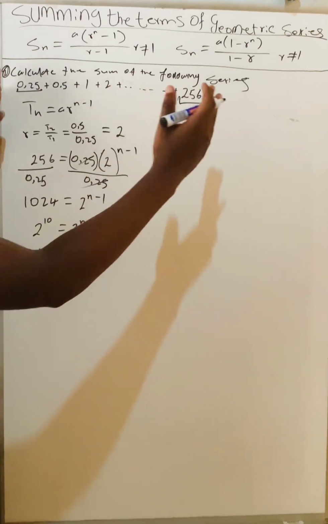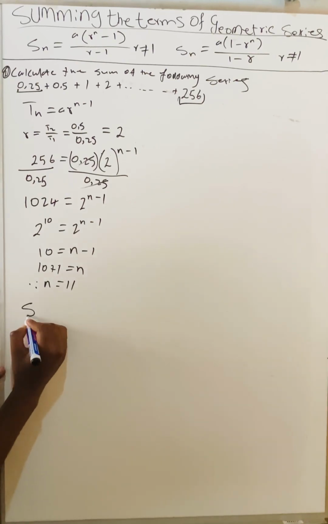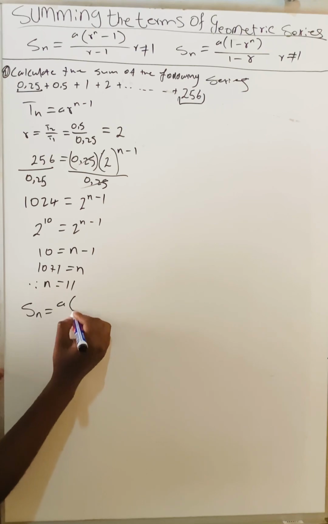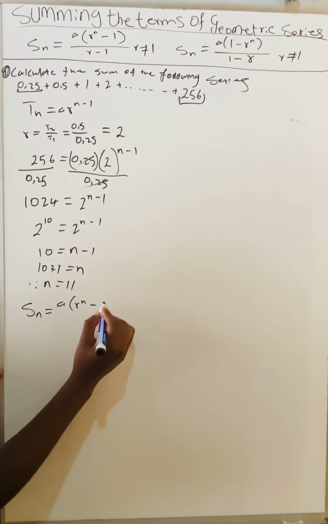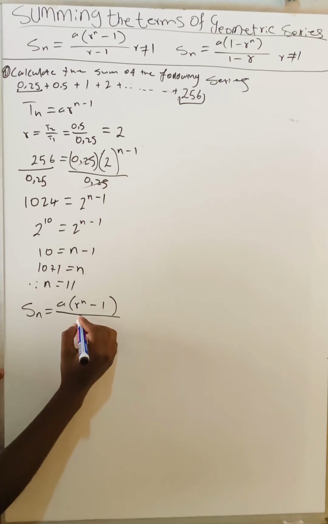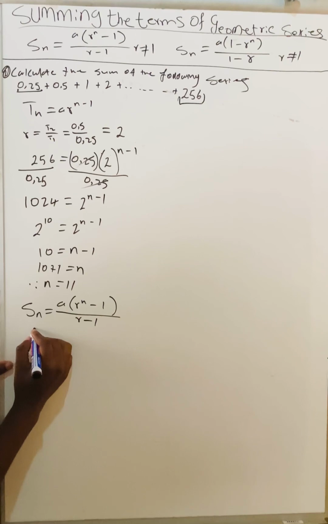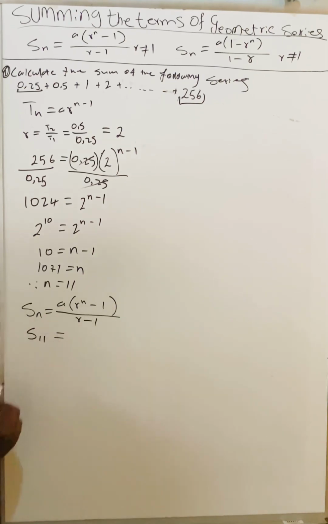When we add everything, we can use any of these formulas. You are going to say Sn is equal to A into brackets R to the power n minus 1, close the brackets, over R minus 1. Then S11, we know n. From here, what is our A?